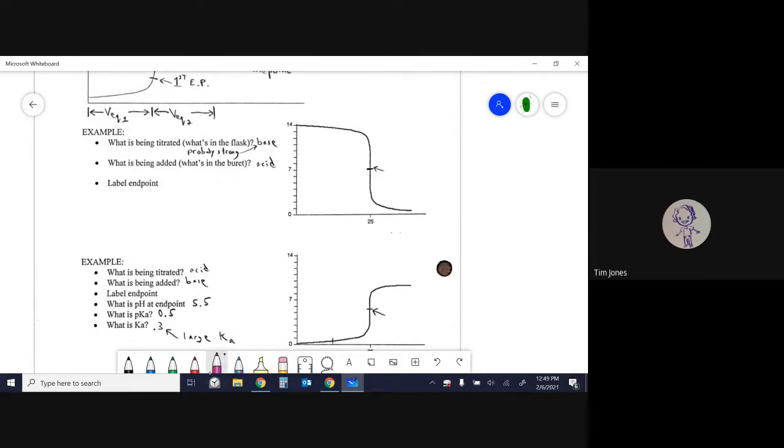Again, let's just do a standard titration, so you can imagine an Erlenmeyer flask with some sort of magic chemical in there. Then we have a burette up here.